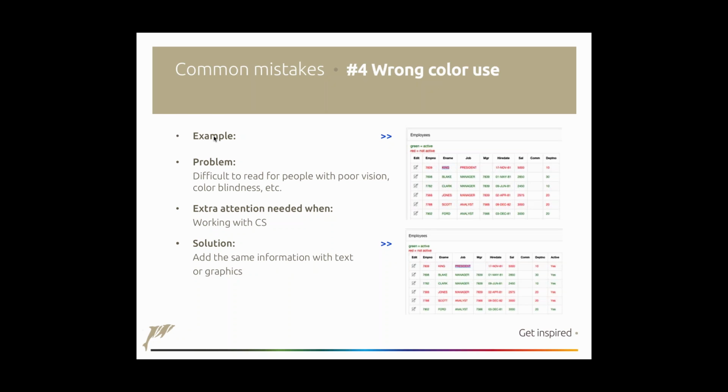An example here is a list of all the employees, where green are active employees and red are not active employees. Someone with a vision impairment maybe cannot see the difference between red and green, and will not know which employee is active and which one is not.